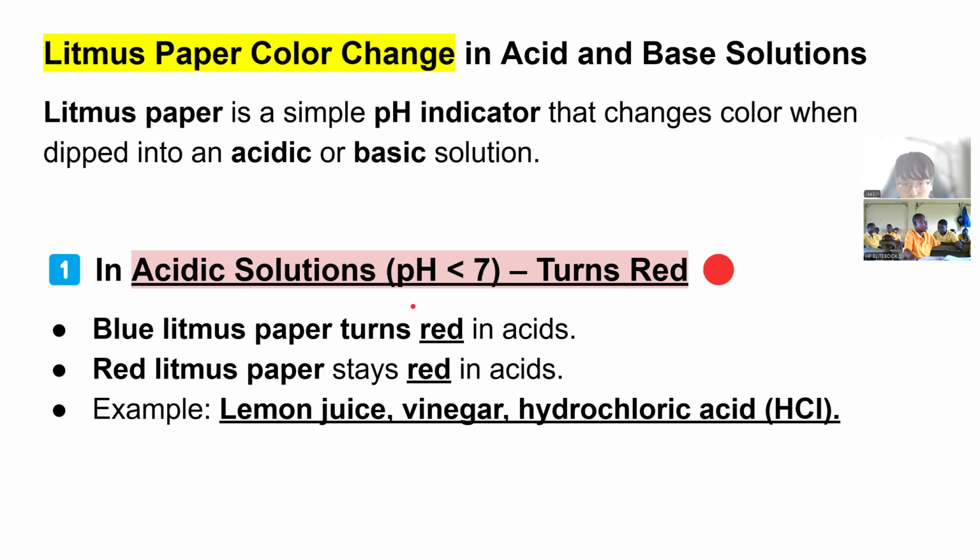In acidic solutions, the litmus paper changes to the color red, so it has a pH of less than 7. So blue litmus paper turns red in acids, and red litmus paper stays red in acids.